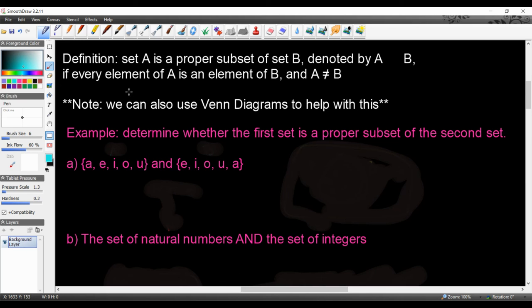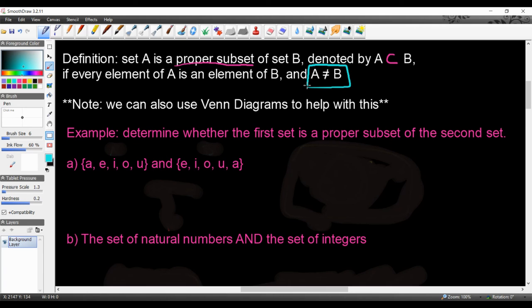We have that set A is a proper subset of set B, denoted by A proper subset of B. It's kind of like the one before, but it doesn't have the line, the equal to. If every element of A is an element of B, so everything in here is also in here, and A is not equal to B. So this is the important thing here.